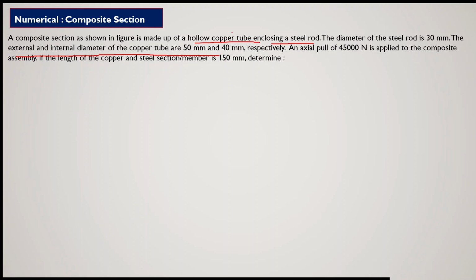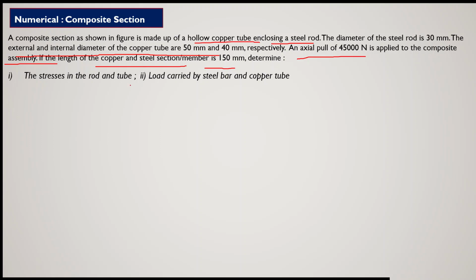On this composite section, an axial pull of 45,000 Newton is applied. If the length of the copper and steel sections is kept 150 mm, we have to determine the stress in the steel rod as well as the copper tube, and the load carried by the steel bar and copper tube. These are the unknowns which we have to find out with the help of all the information available.